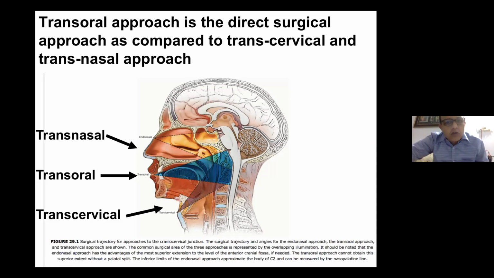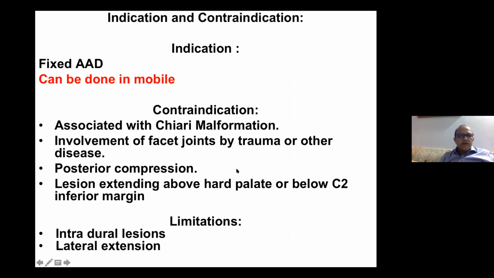For craniovertebral junction lesions, all three can be used. So if the lesion is here, it is a common place to attack from transnasal or transoral.